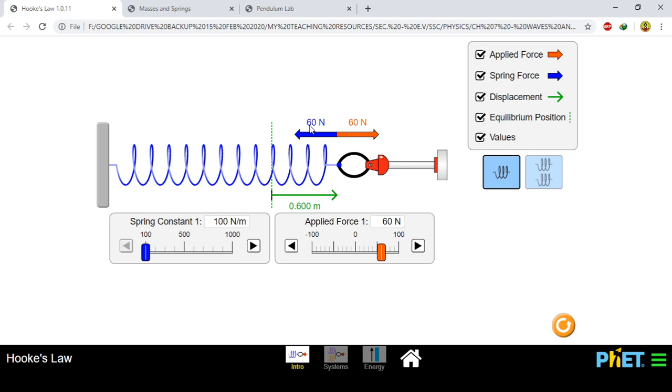And if we increase the amount of displacement, the amount of restoring force increases proportionally in the opposite direction. This is actually the statement stated in Hooke's law.